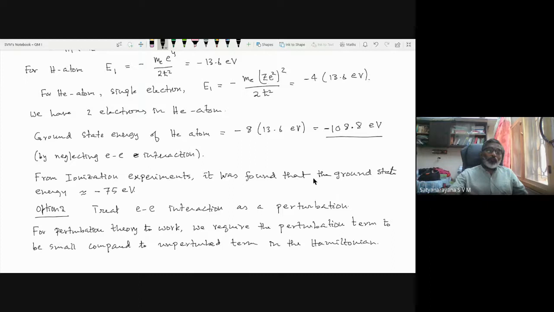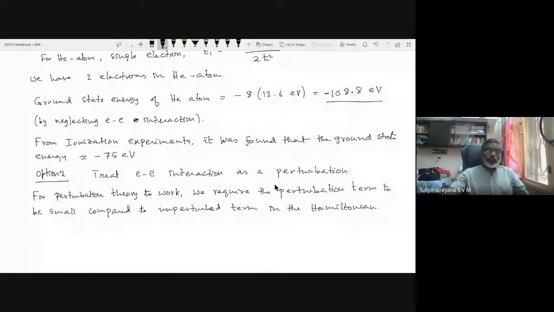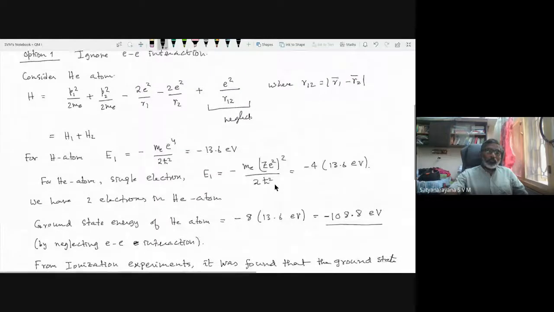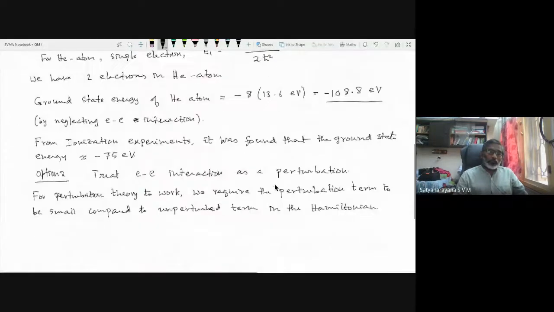Okay, so now we will try to compare how small this term is compared to the term which is already there. So let us go back to our general Hamiltonian. That is, let us consider a Z electron atom. And here we will make one assumption.